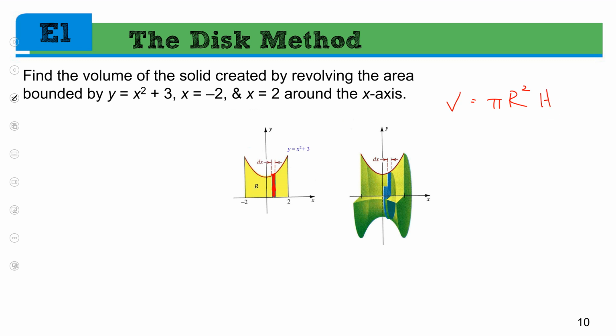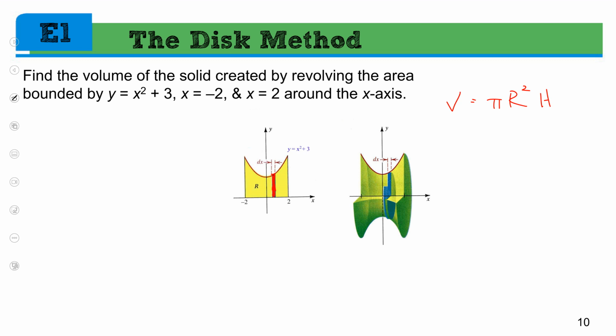If you're having trouble visualizing the disk, it's that blue thing in the right picture. Knowing that, what's h? Let's start with that easy one. Go ahead. 3. Nope. X squared plus 3.